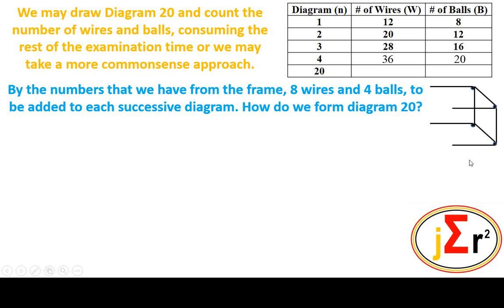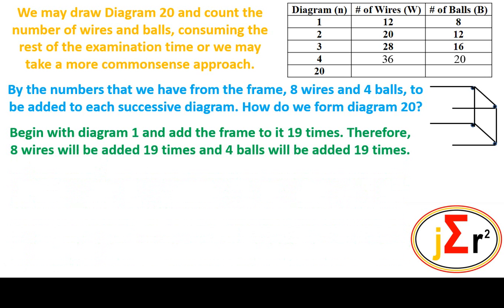How do we form diagram 20? Begin with diagram 1 and add the frame to it 19 times. That is how we will get diagram 20. We do not start with diagram 1 and add the frame 20 times. We start at diagram 1 and add the frame 19 times, and the result will be diagram 20.